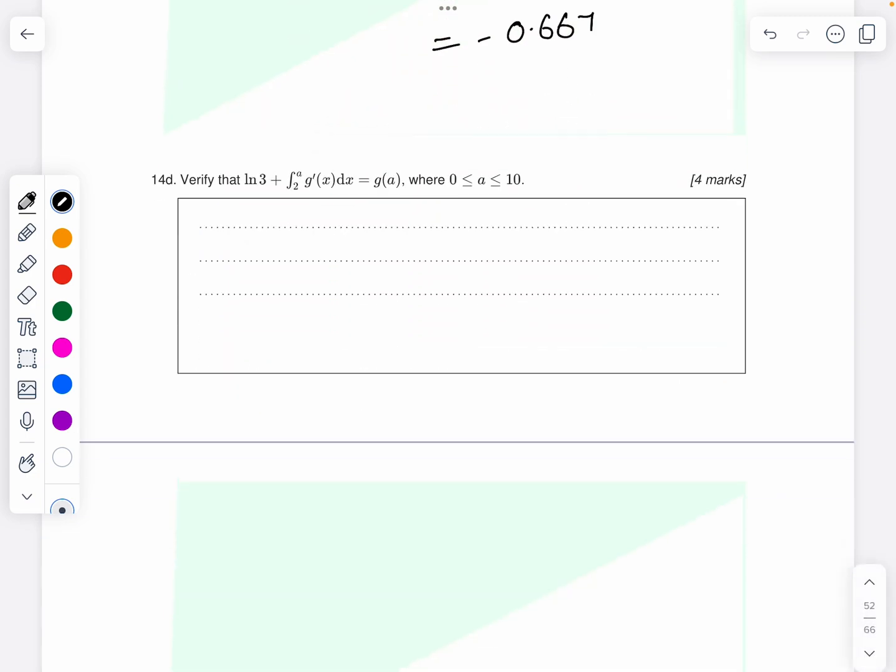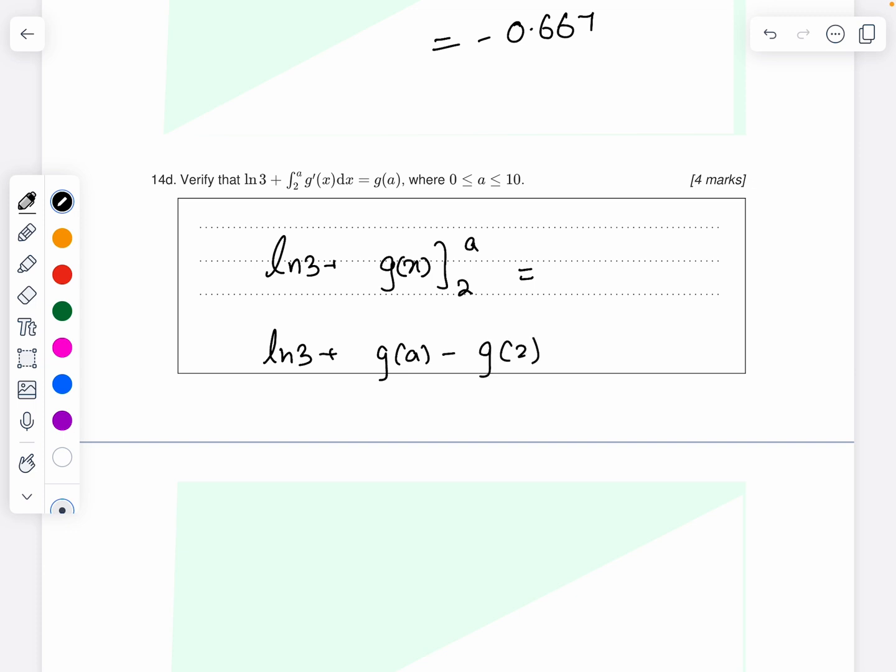Verify that ln 3 plus the integral from 2 to a of g prime x dx equals g of a. So ln 3 plus, the integral of the derivative g prime x is g of x from 2 to a, which is nothing but g of a, upper limit minus lower limit, g of a minus g of 2.